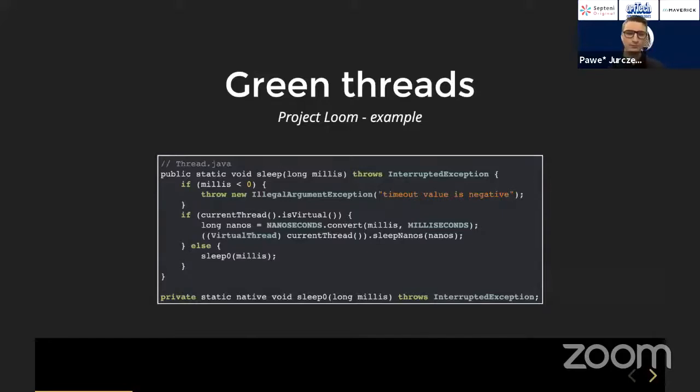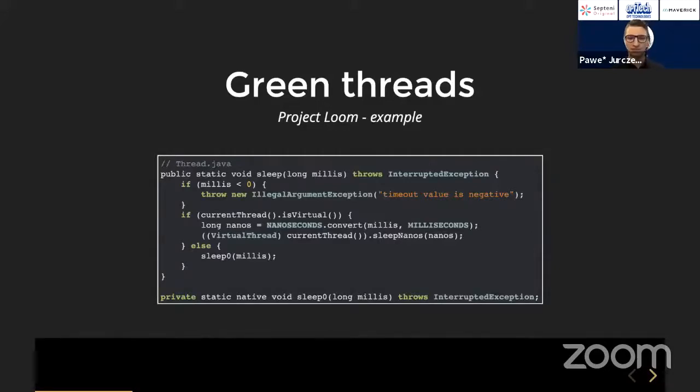Okay. When it's being executed on a virtual thread, the runtime characteristics of that sleep method will be different than the one we've known for 20 years now, because we will be sleeping and blocking the virtual thread only, and this will not propagate as blocking of the underlying JVM thread.